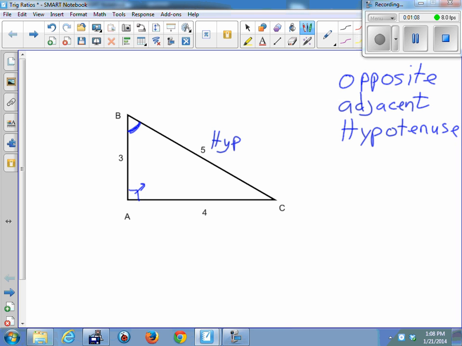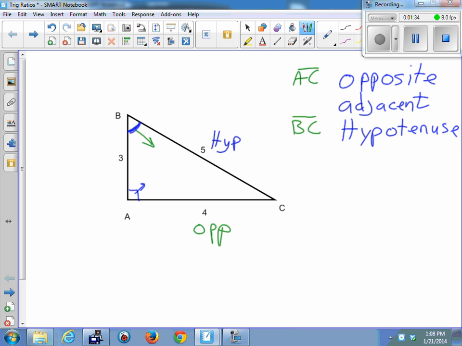Now, when we're talking about angle B, the side that is opposite angle B, so here you can draw your arrow, and if you're looking at the side opposite angle B, this is going to be my opposite over here. So AC is going to be my opposite. Then my hypotenuse we already said was BC. And that leaves adjacent.